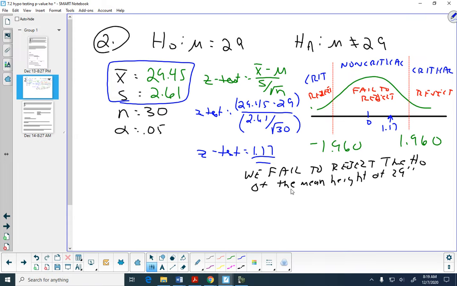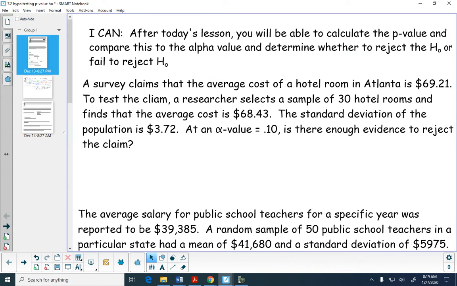All right, we're going to take a look at a different value that will allow us to reject or fail to reject a null hypothesis.